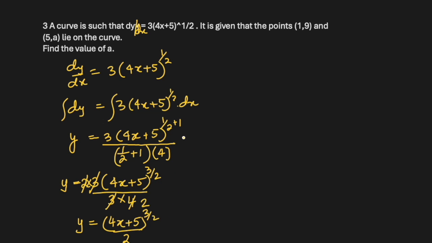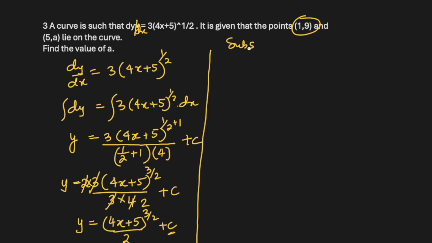And I did not write c here, I should have written the c. So now to find the value of c, we should substitute this point to get c. So substitute (1, 9). In place of y I will write 9, equal to (4 times 1 plus 5) to the power 3 over 2, over 2, plus c.